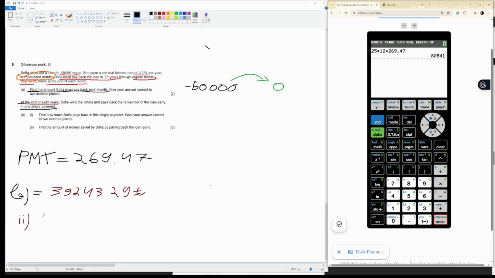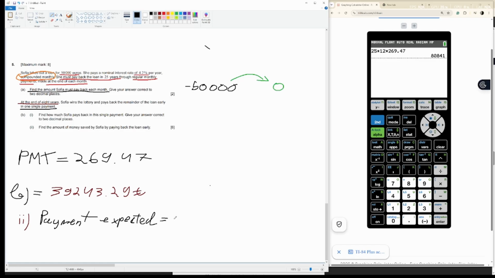So let's put the payment expected, I think that's a good word, equals 80,841.